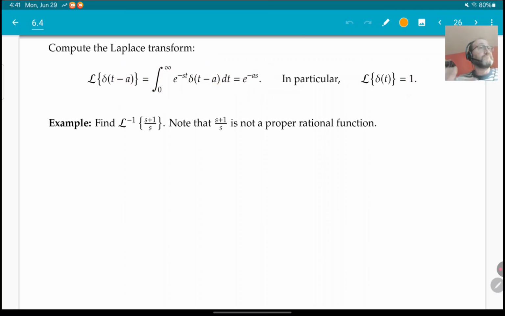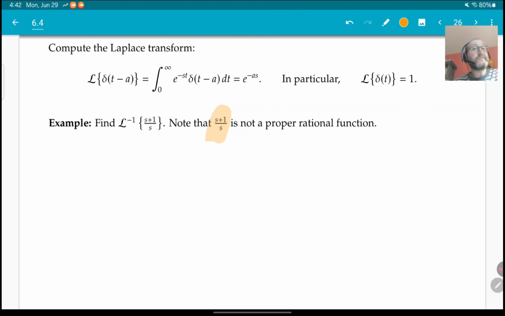Okay, now let's do a simple example. For example, we can now take inverse Laplace transforms of some improper rational function, for example, s plus 1 divided by s. We can find what the inverse Laplace transform is in terms of the delta function.